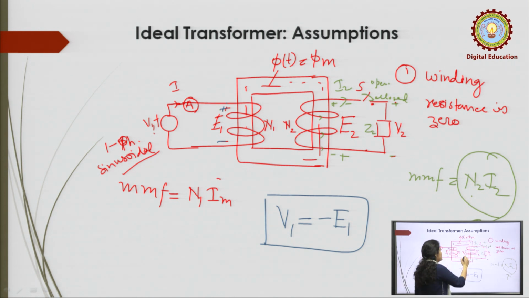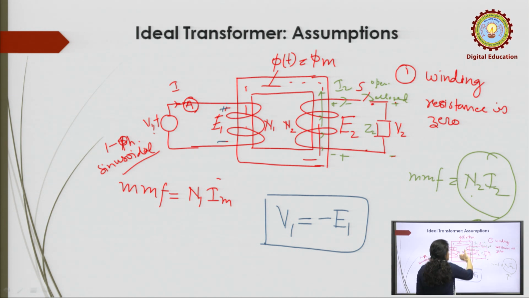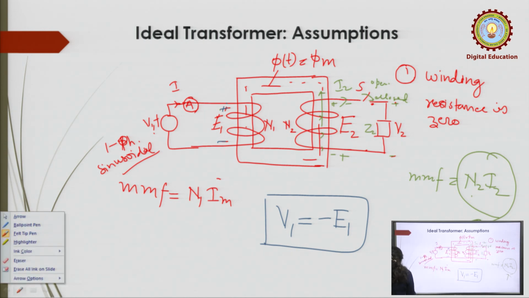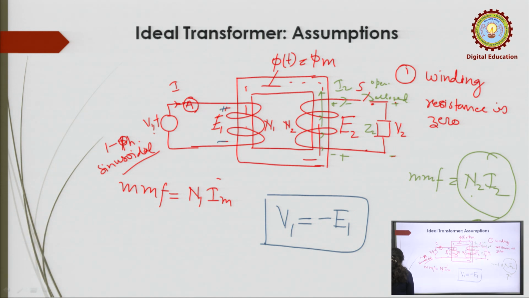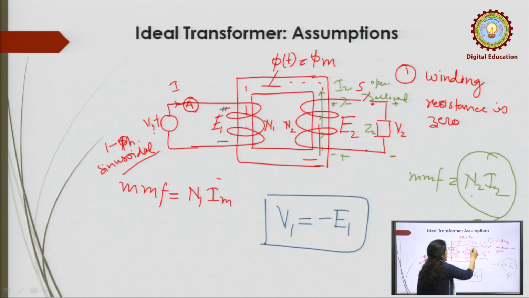Then the flux is produced in this direction, and if the current direction is like this, the flux is produced in the opposite direction. The current direction is like this.